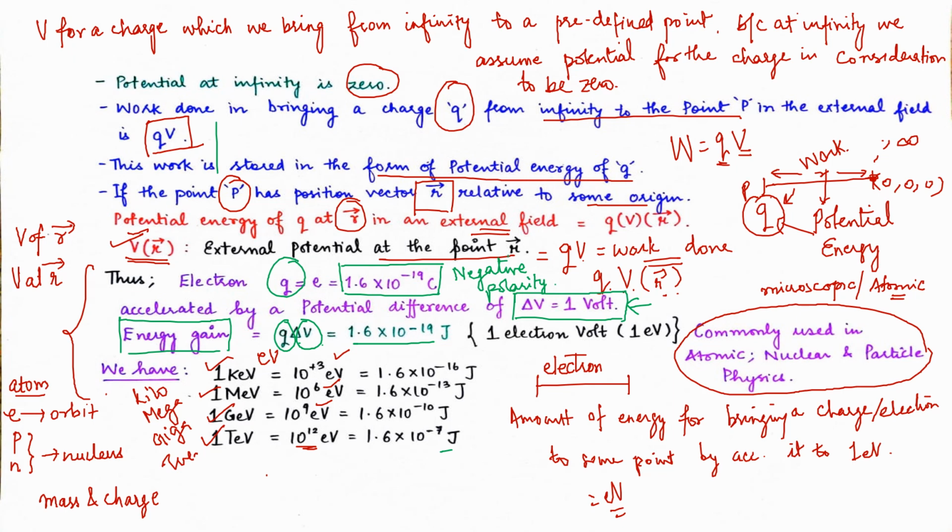Mostly bigger energies, like energies of gamma rays and X-rays, are defined in MeV, mega electron volt, and for far X-rays and UV radiations, their energy is defined in the form of kilo electron volts. If we go lower to the visible and infrared, these energies are defined in electron volt only.